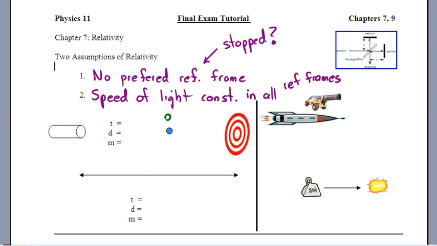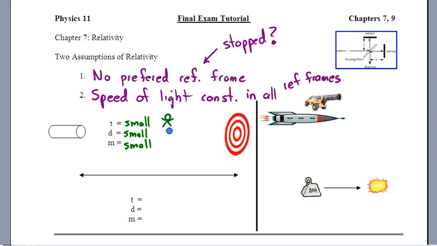So maybe I'll put a little scientist on board here, and they're watching this particle travel that distance from the gun, the particle accelerator, out to the target. And it's going to take some time, and that single person is going to tell you that the time it takes is small, smaller than what the two people that we're going to put down below will say. They're going to tell you that the distance it has to go is all contracted and it's small. And they're going to tell you that the mass of that particle is also small.